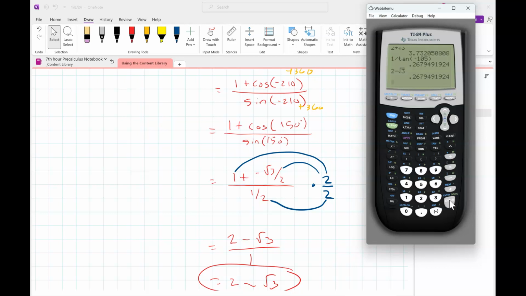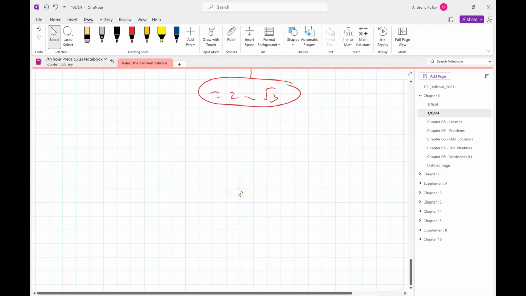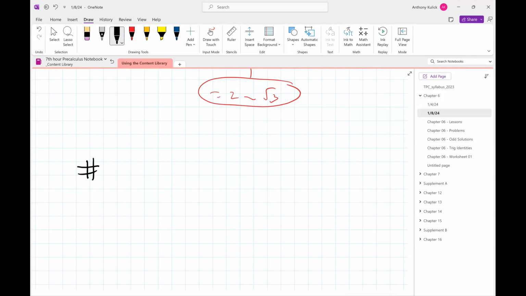All right. That's all of what I want to do with Chapter 6. We're going to do one test with 6 and 7, given that Chapter 6 is really just these like 3 skills. But for today, what we'd like for you guys to do is numbers 23 through 26. And then worksheet 1.